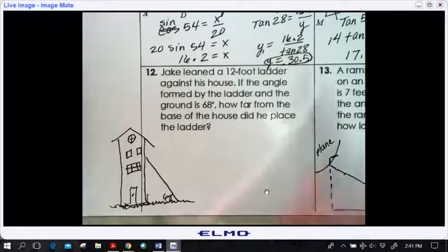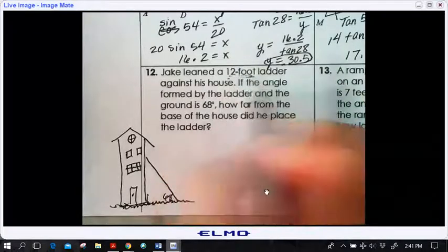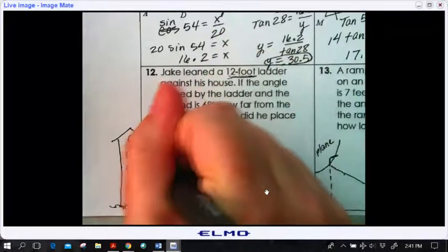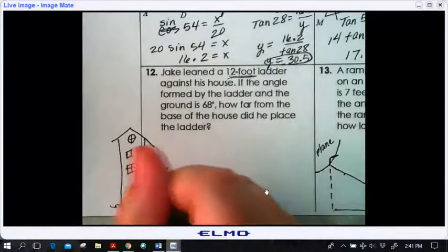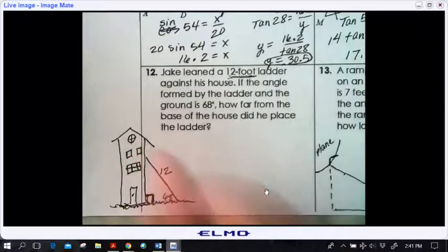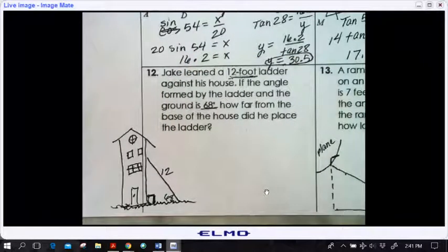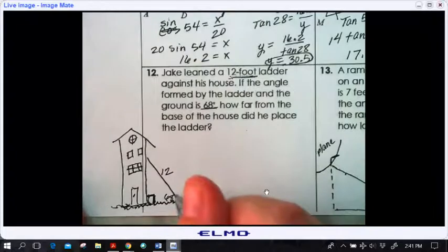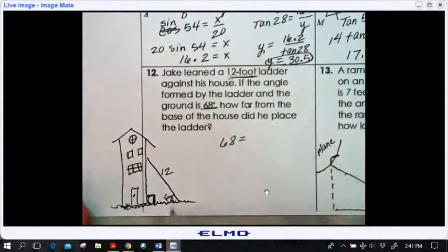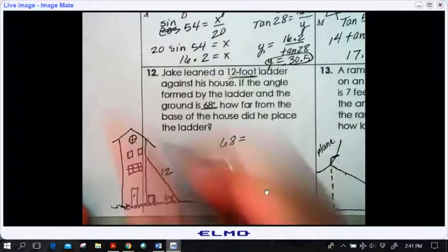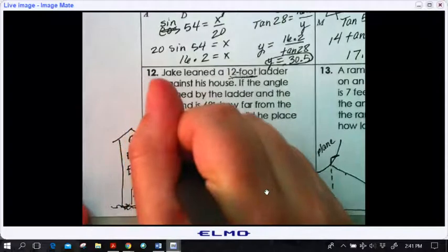They told me that the ladder was 12 feet. Now a house meets the ground at a right angle, right? We always have stable houses, hopefully. So I filled in the information, and now I'm ready just to apply this. I know that my angle measure is 68 degrees, and I have the hypotenuse, that's the 12.